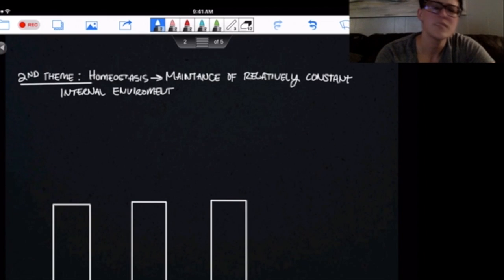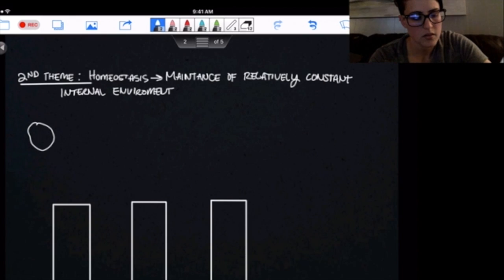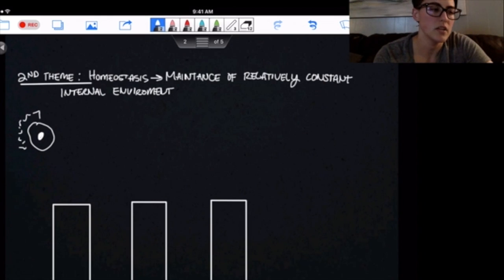So, what is the internal environment? Okay, so if you've had intro, you might already know this. If we had a cell, so here's our cell with the nucleus, this space outside the cell is the extracellular fluid.